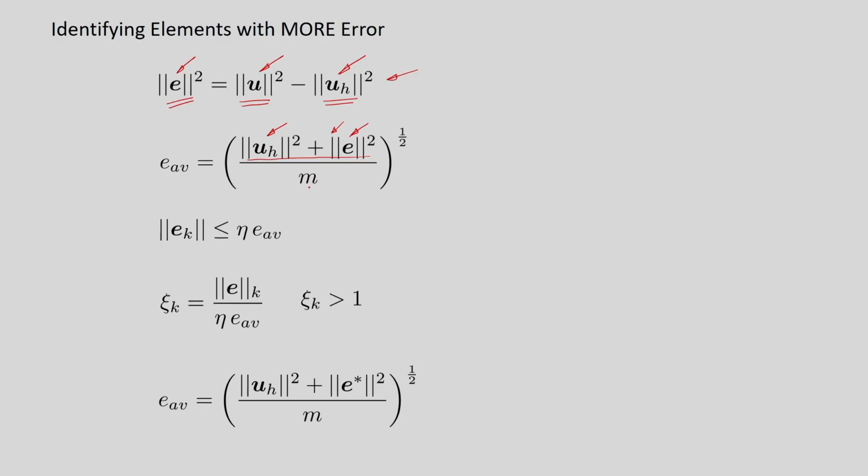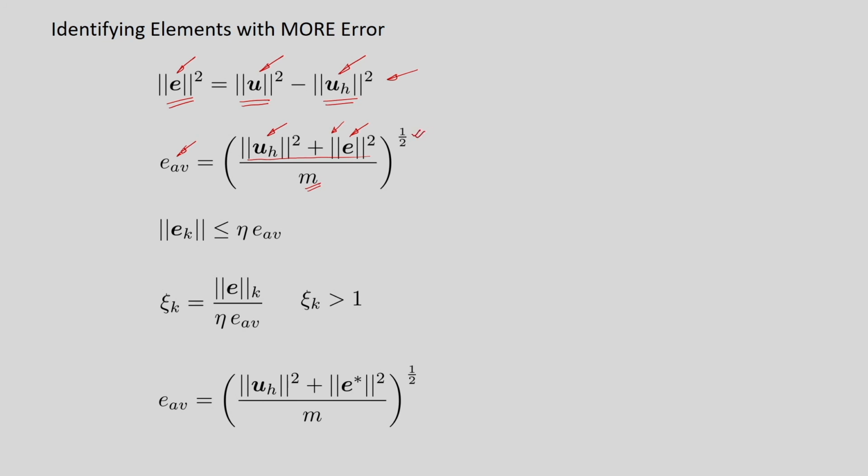We divide it by m, where m is the number of elements in the mesh. In that sense we can calculate the average energy. We calculate the average energy by dividing the energy norm of the whole system corresponding to the exact solution by the number of elements in that domain and taking the square root of that.